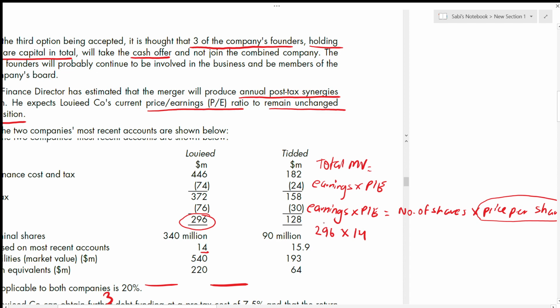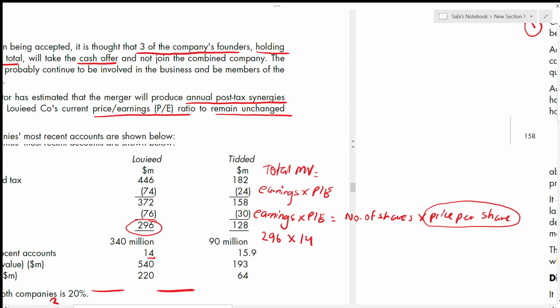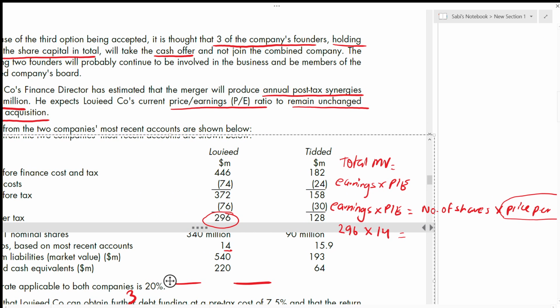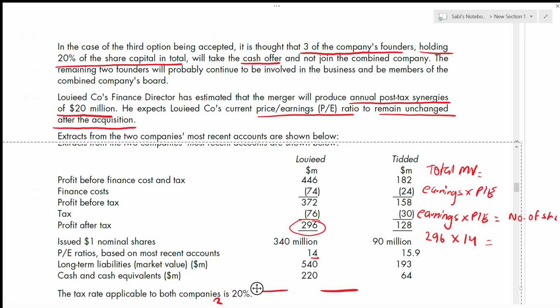So you have to use your earnings. How can you use your earnings? Whenever your earnings and PE ratio are there, you have to multiply both. That will be your total market value. So number of shares is how much? What is the number of shares? 340 million. This is the number of shares, right?